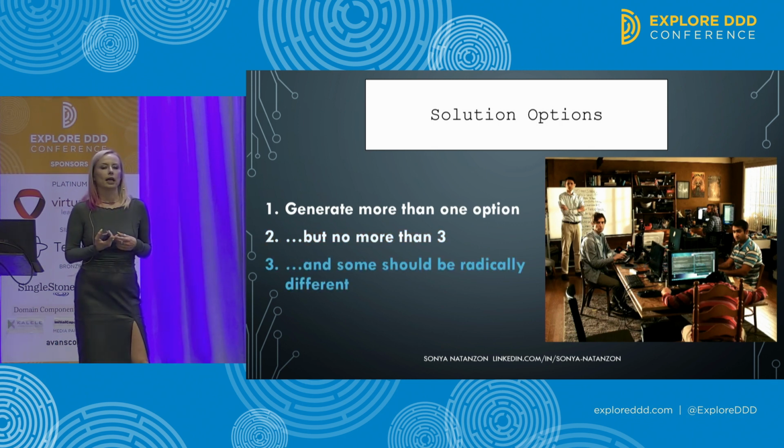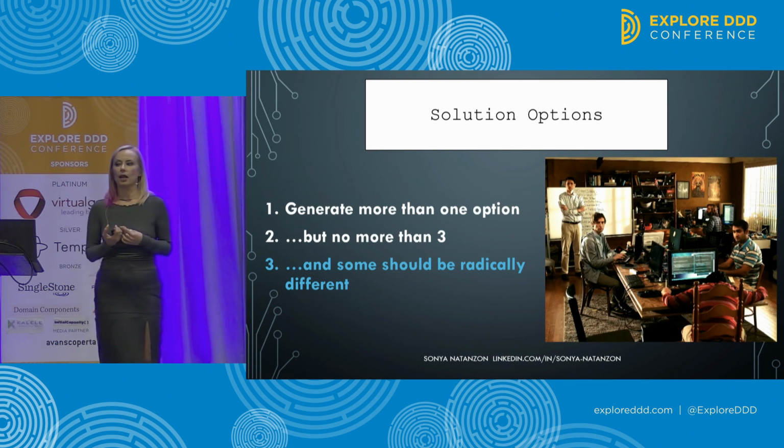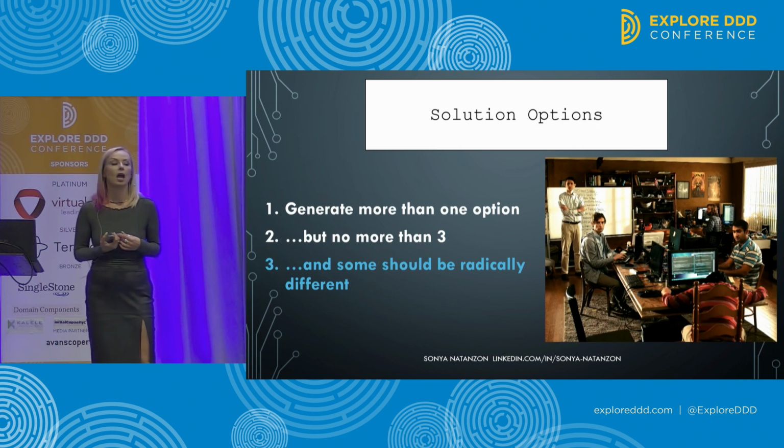Very importantly, try to come up with at least one radically different option. I find that this exercise is very useful to keep yourself out of your own and somebody else's bias. Maybe you had a favorite technology that you had in mind. Actually, I am sure you had a favorite technology in mind.